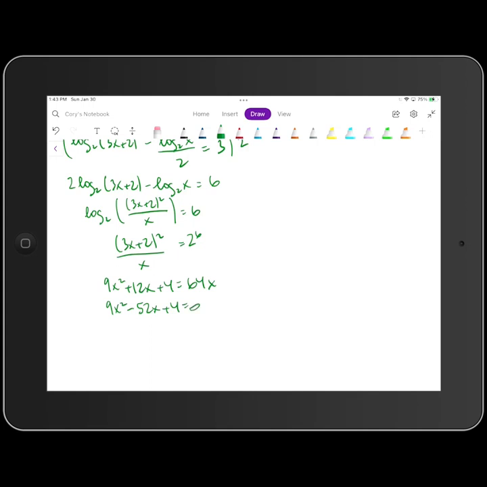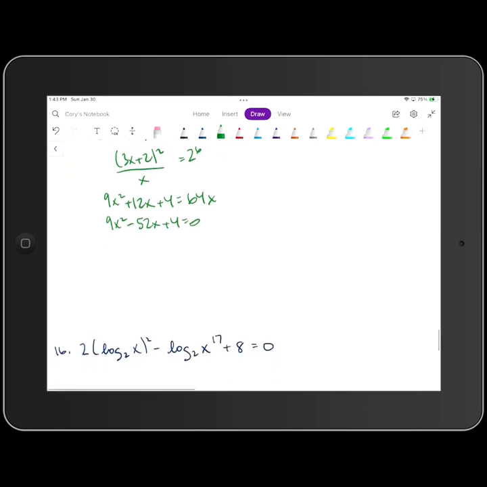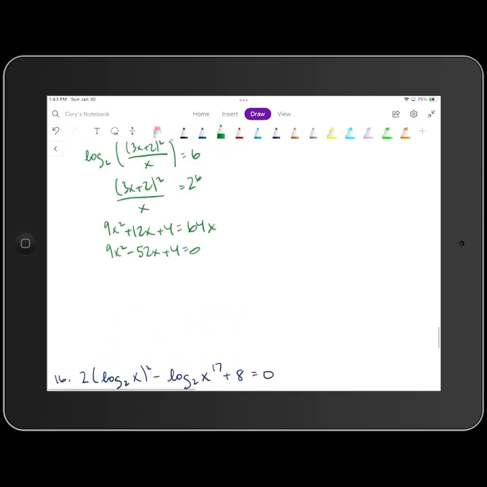So it should be pretty clear that that is not factorable. There's not two numbers that multiply to give 36 and add to give negative 52. So we're going to use the quadratic formula here.